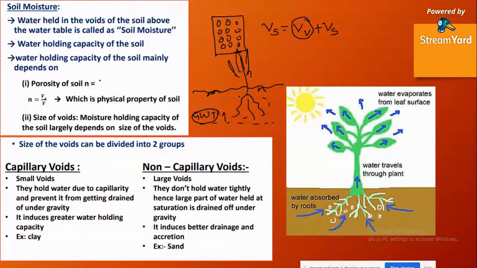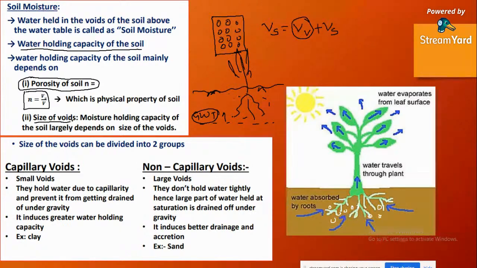The soil moisture depends upon two factors. The first one is the water holding capacity of the soil, and this water holding capacity depends upon the porosity of the soil. What is the degree of porosity of the soil? That is the volume of the voids to the volume of the soil. And the second one is the size of the voids.